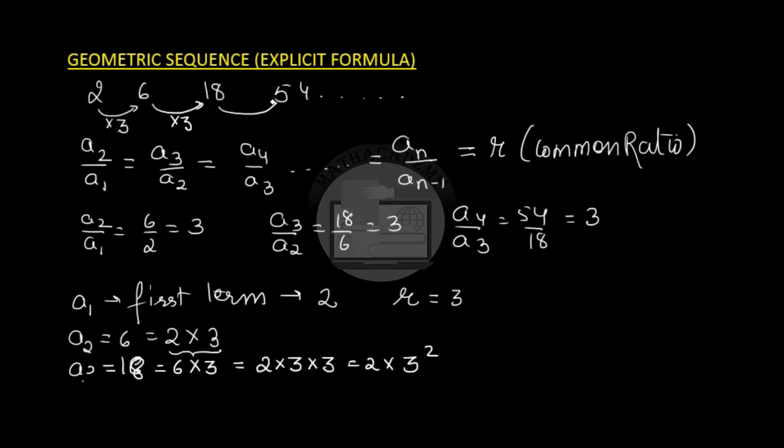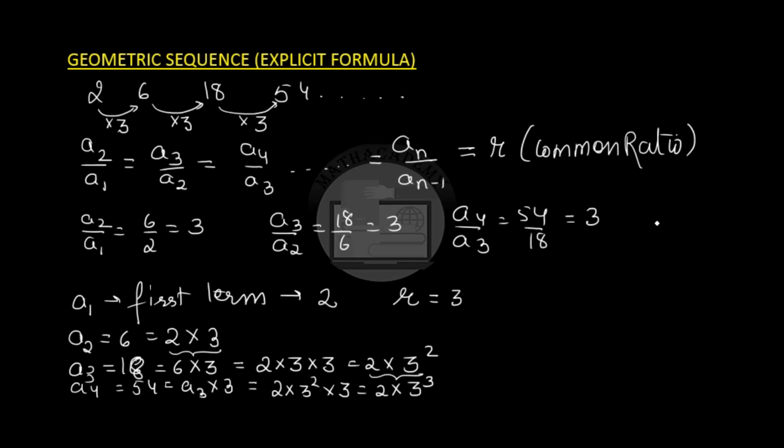Similarly, 54 is obtained by multiplying a 3 to 18. So the fourth term, 54, can be written as a3 times 3. a3 is 18, which is 2 times 3 squared. So 2 times 3 squared times 3 gives you 2 times 3 cubed.